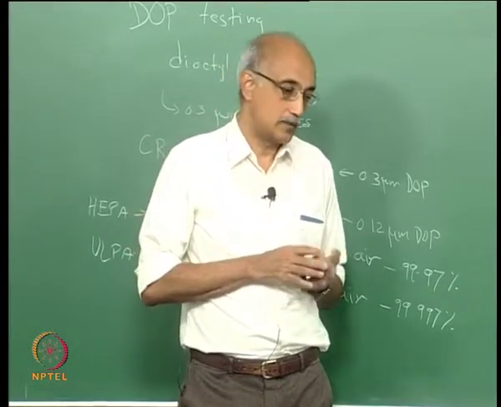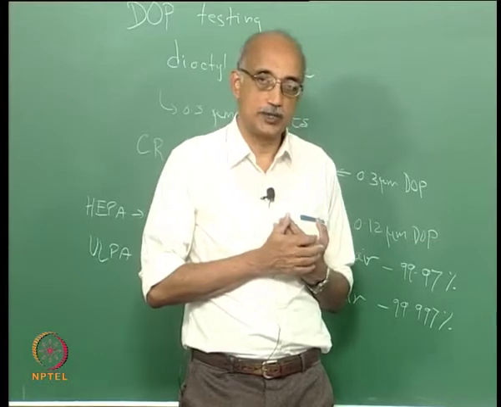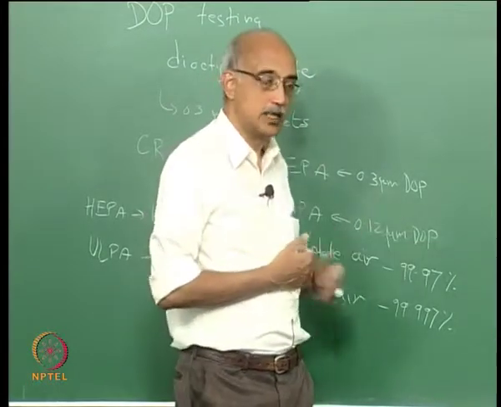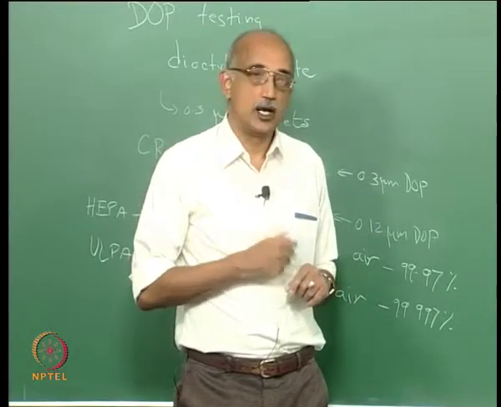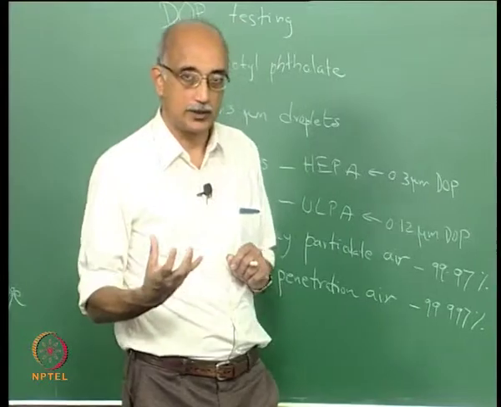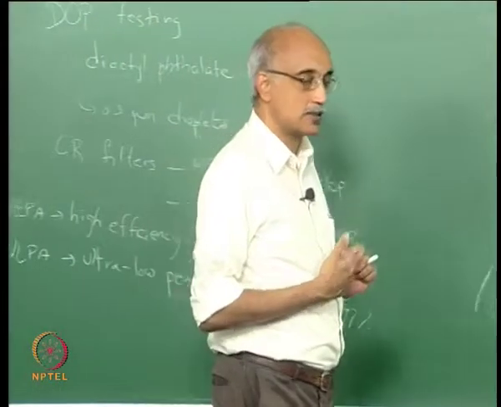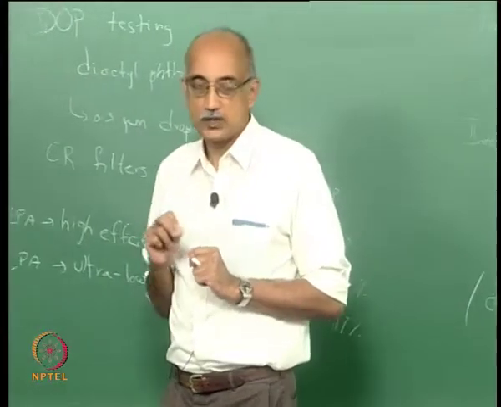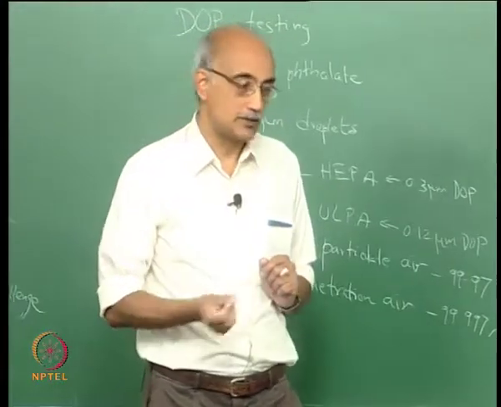If you have a population of particles with highly non-spherical, highly elongated shapes, many of these mechanisms may not be effective. I mean, obviously diffusion would be even more effective for non-spherical particles, but mechanisms like sieving and interception probably will lose their effectiveness when the particles become more non-spherical.